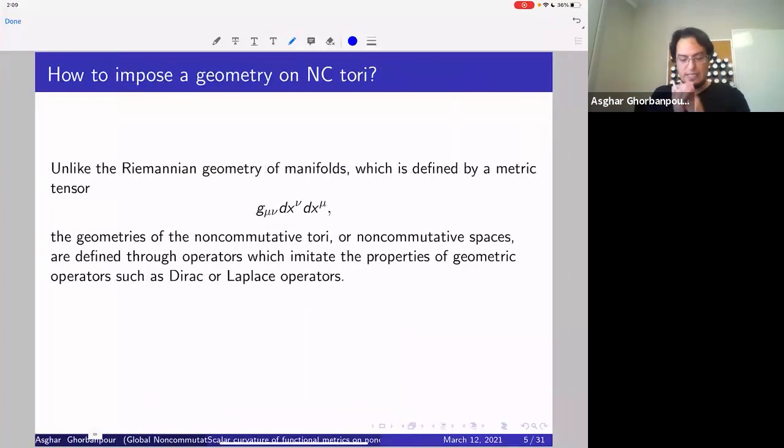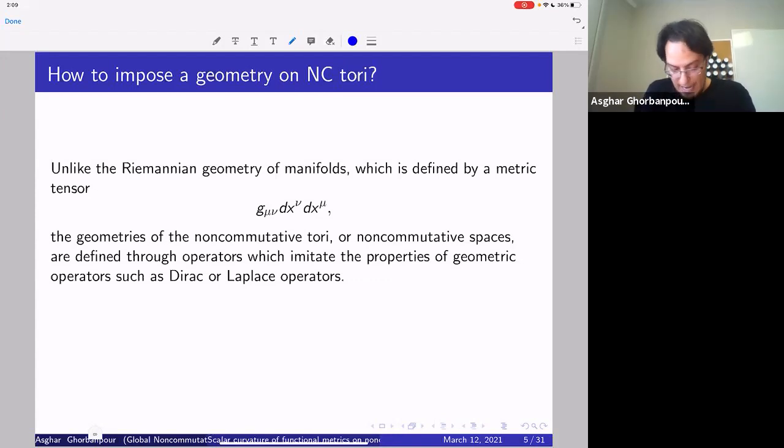To introduce this geometry, we don't have access to the old way that Riemann introduced a metric and let it change from point to point.